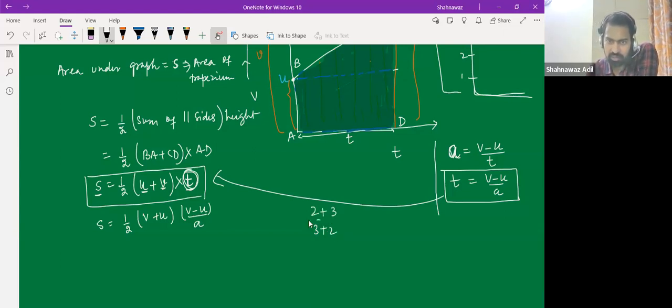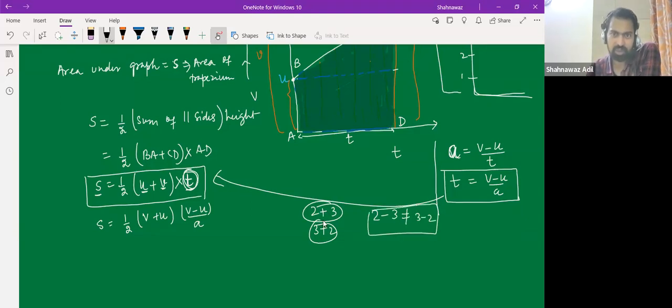Nothing changes. Right? But I cannot write 2 minus 3. This is not equal to 3 minus 2. Right? Only plus is allowed.